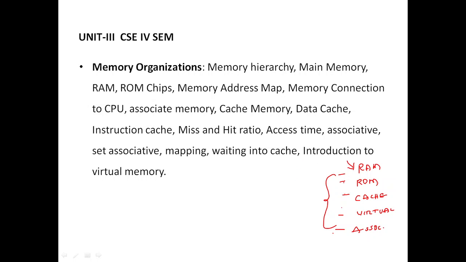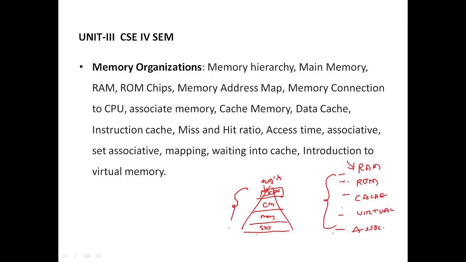So this is the memory hierarchy. At the bottom you will have the secondary memory, and next you will have the main memory. Here you will have the cache memory, and at the top you will have the CPU, and in the CPU a portion is allocated for registers.